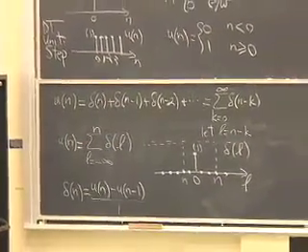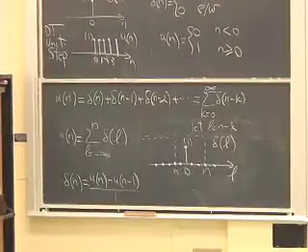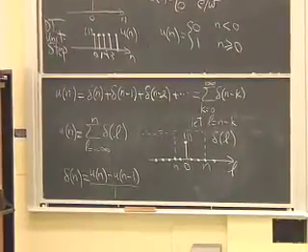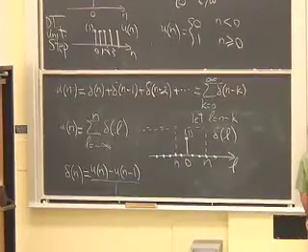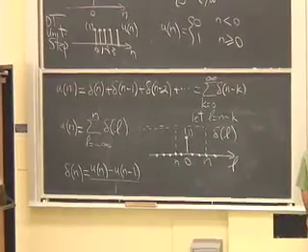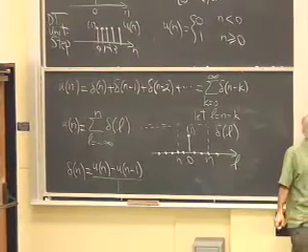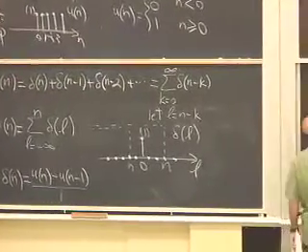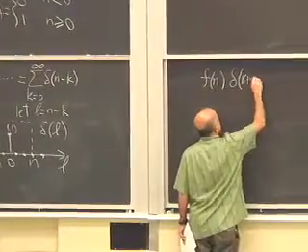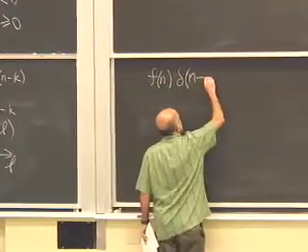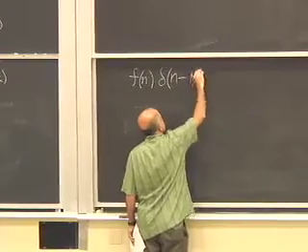Now, the impulse in discrete time has some nice properties. So, for example, if I have a signal f whose values are described by f of n, and I multiply this signal by delta of n minus some number.